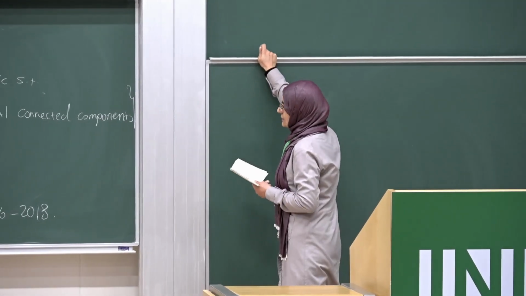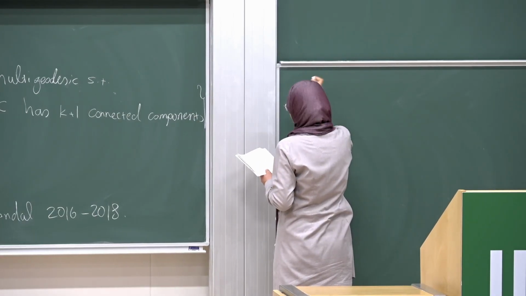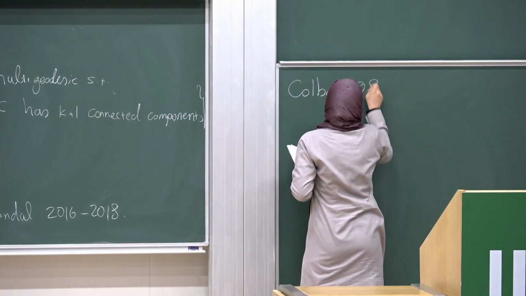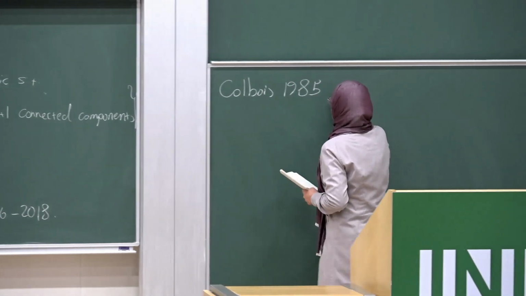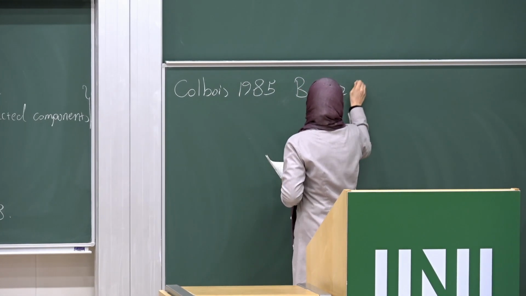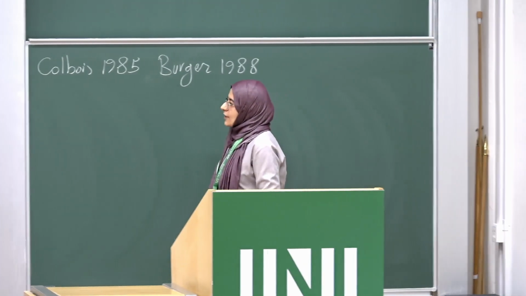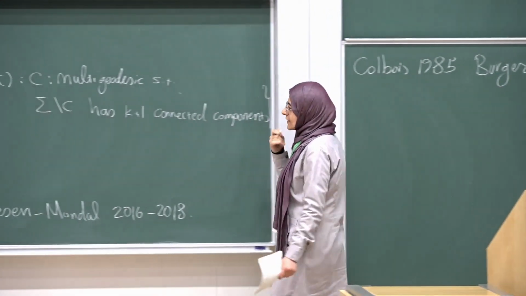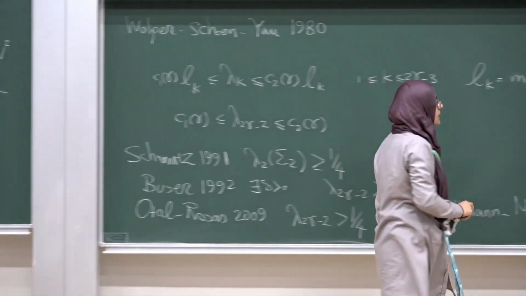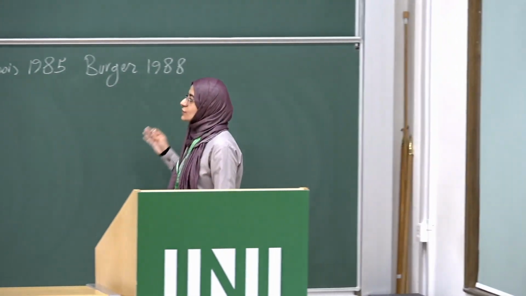Before starting the second half of my talk, in around 85, 88, Colbois and Buser studied the asymptotic behavior of λ_k when this L_k goes to 0.